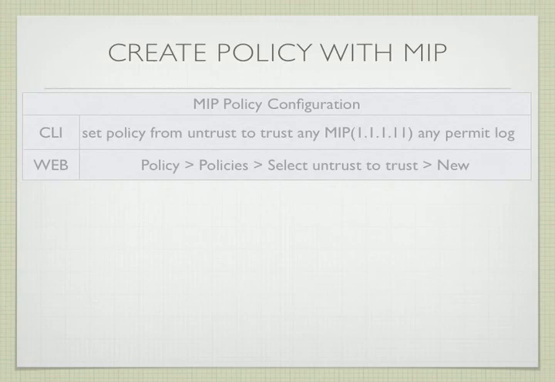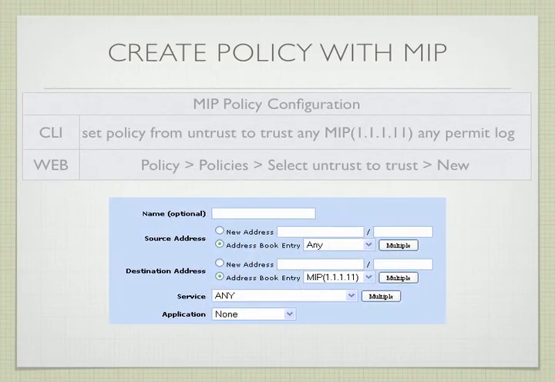On policies, again, this is the same process, and you'll notice the address book entry has the new address object called a MIP in order to be selected there. And the rest of policy creation works exactly the same way that it always has.